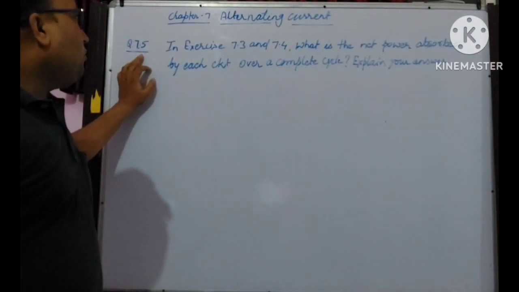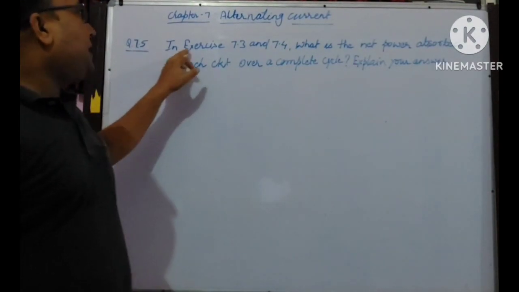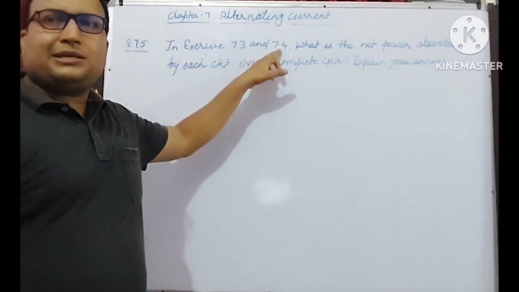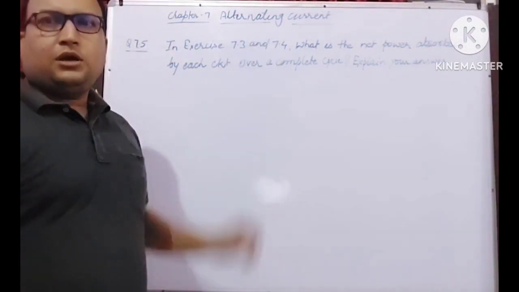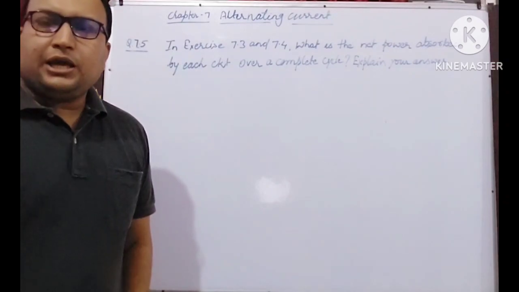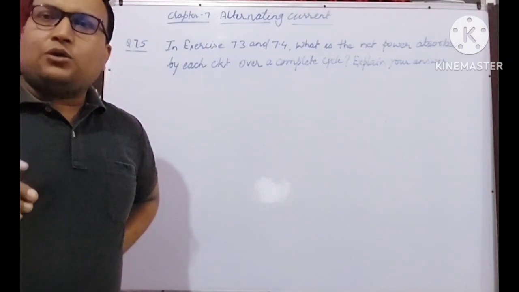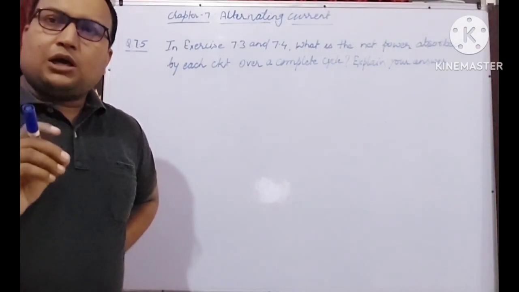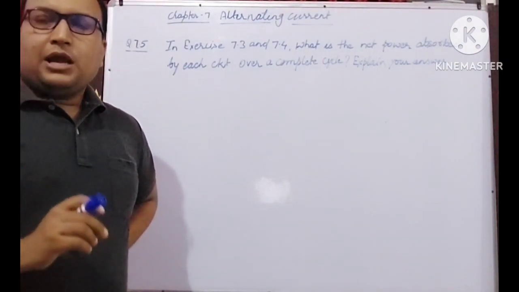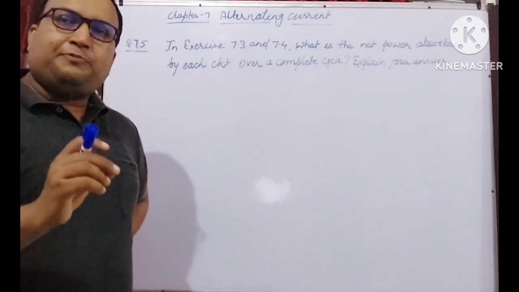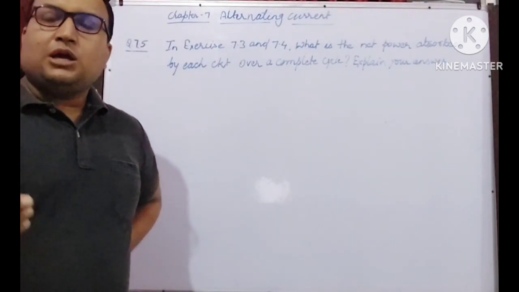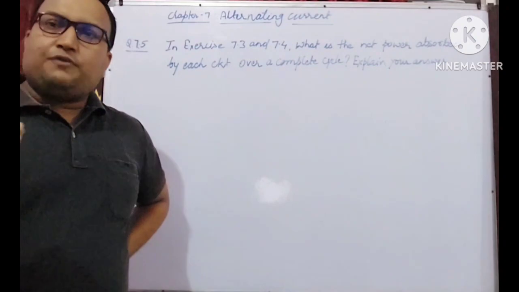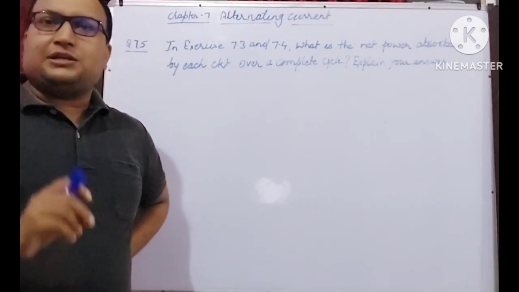What are they asking in exercise 7.3 and 7.4? In exercise 7.3, it talks about calculating the RMS value of a current in an inductor. Question 7.4 asks about calculating the RMS value of a current when a capacitor is there.